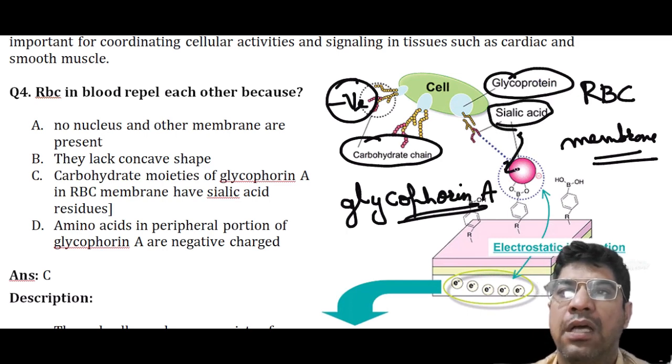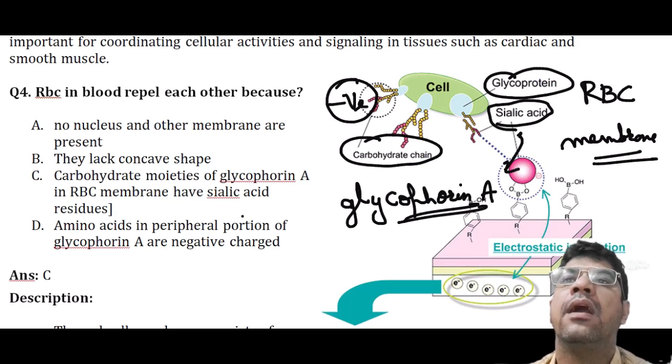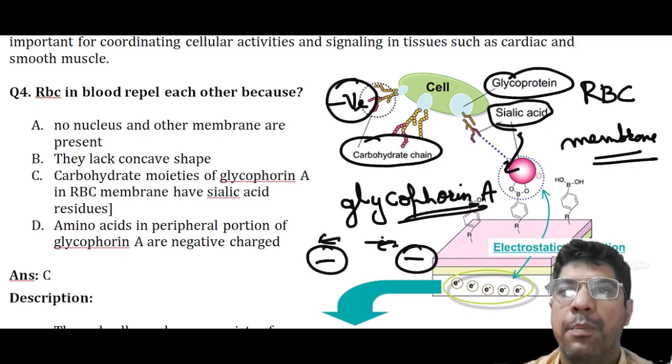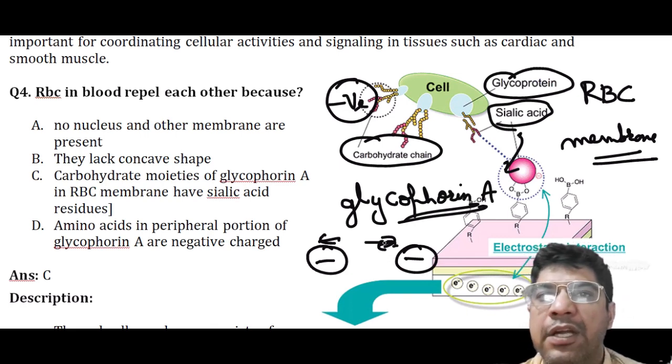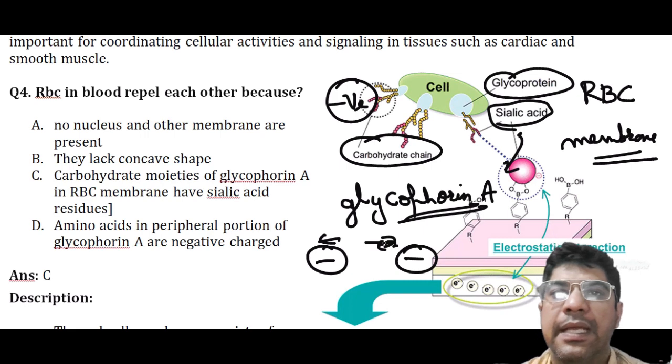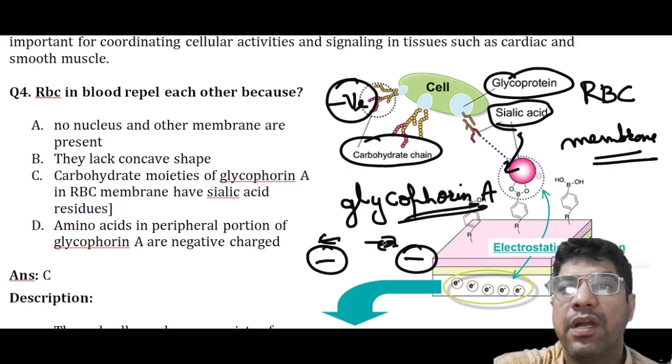So these negatively charged groups create an electrostatic repulsion between the adjacent RBCs. That prevents them from sticking together or aggregating. That is important for maintaining the fluidity and flow of blood in the circulatory system.